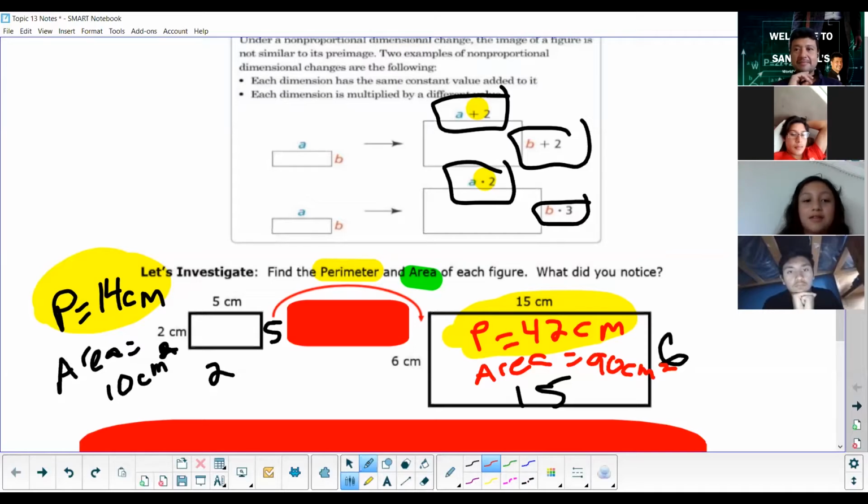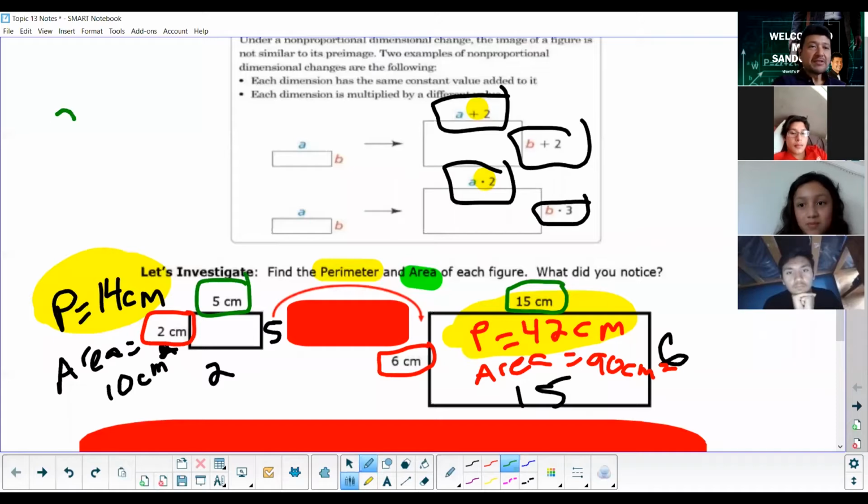Well, when you were talking, I noticed 5 times 3 is 15 in the bigger one, and then 2 times 3 is 6 on the bigger one. So then I thought the 14 must be times 3. So you looked at the sides. Like, let's say 2 and 6, right? And then you also looked at 5 and 15. And one of the things you discovered was something very important. You discovered scale factor.